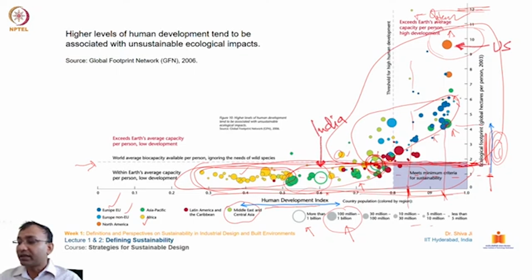So as a group, mostly these EU European countries, and these red ones, Latin America and some Caribbean countries, and of course the North American countries, majorly have an impact on this y dimension measure.